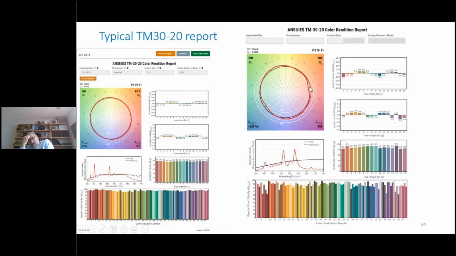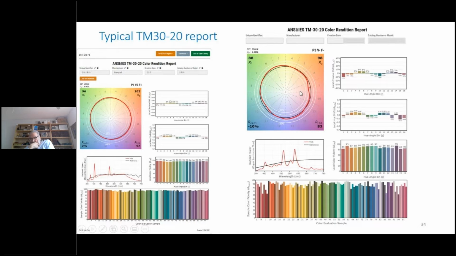So you can see in bin 1 there is desaturation, in bin 5 and 6 there is saturation. So you have your RF values, RG here, and then here RCS H1. So CS stands for chroma shift in bin 1. Because red is quite important for the lighting industry, they mentioned this RCS H1, which is minus 10%.